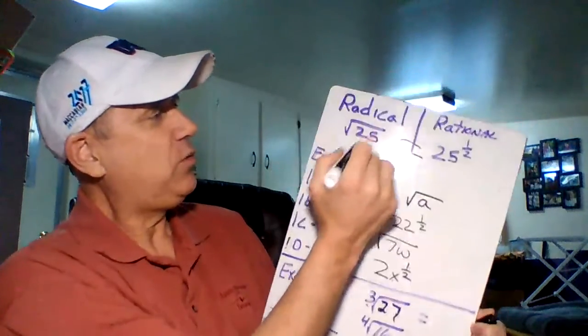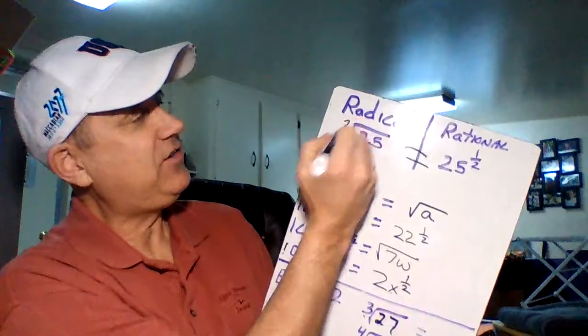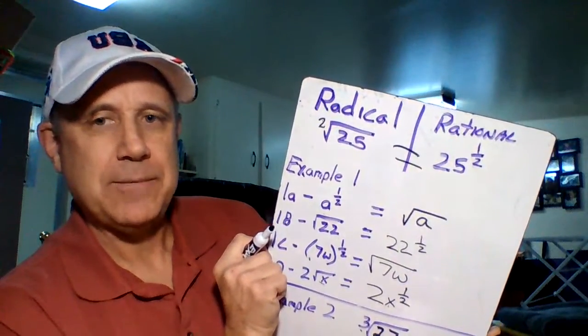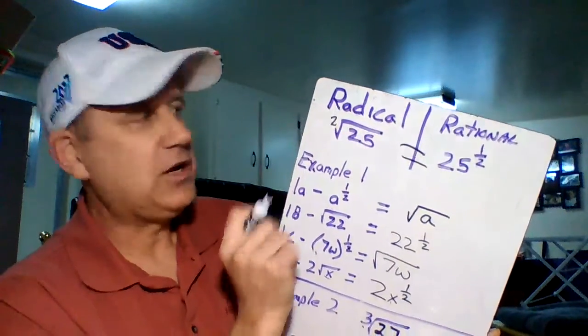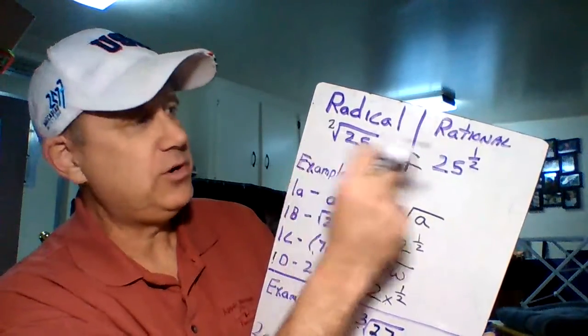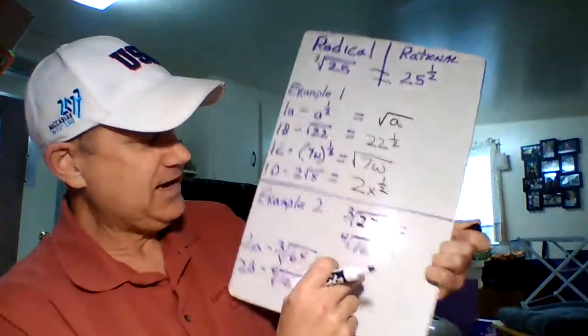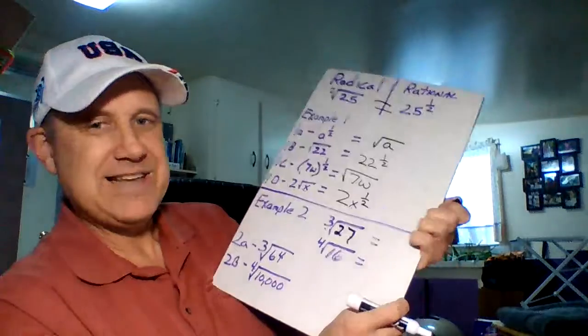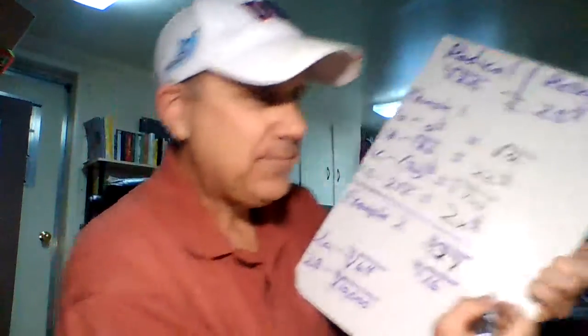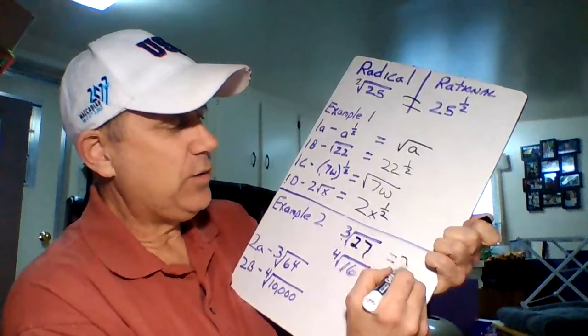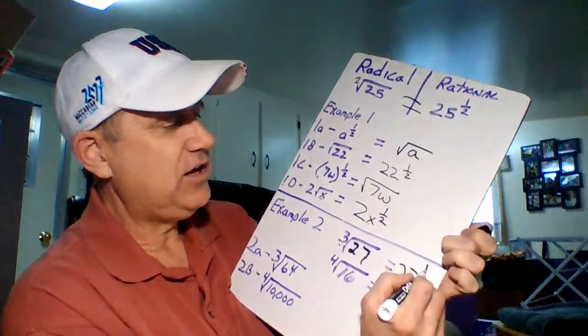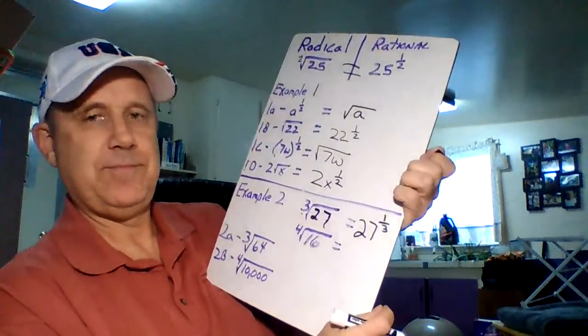When we look up here at the square root, there is basically a 2 up there, but we don't need to put the 2 because we know that a regular square root has a 2. So the third root of 27 means here we would write 27 to the 1/3.